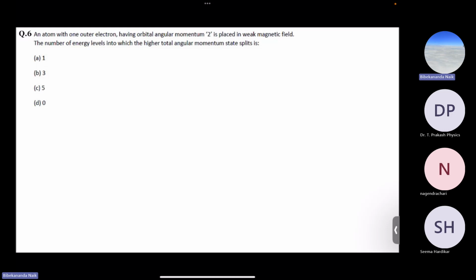Yes, can anyone tell me the number of levels into which the higher total angular momentum state is split?